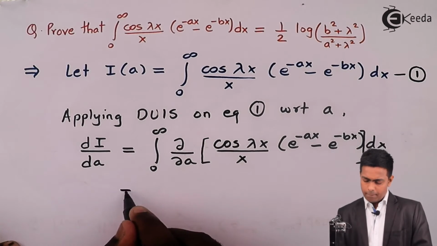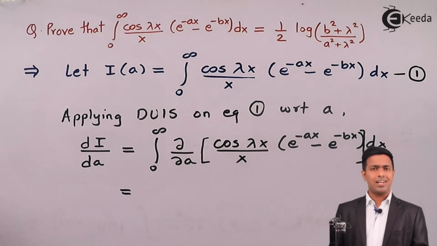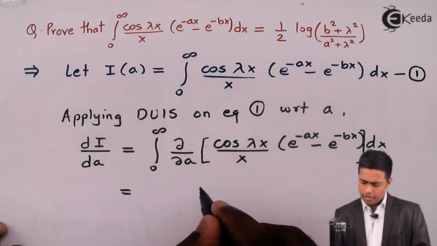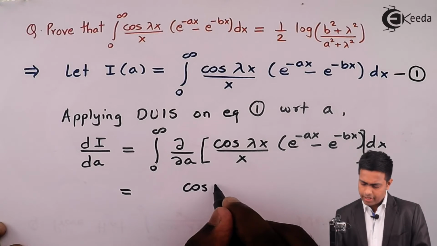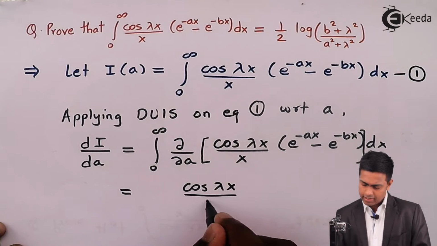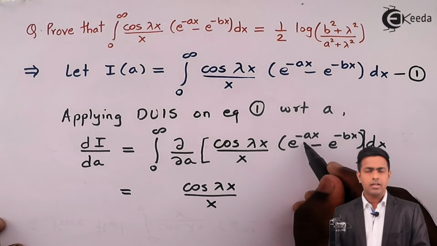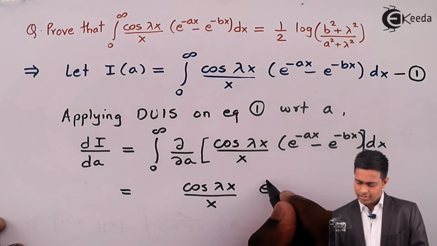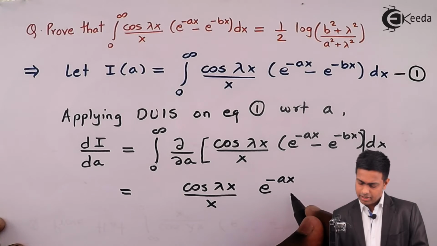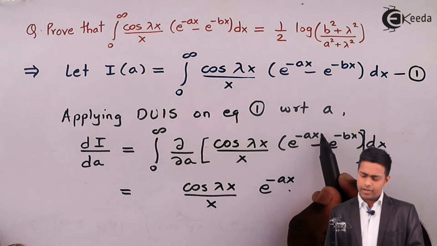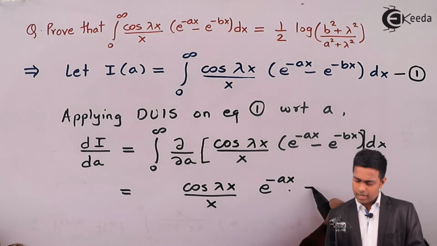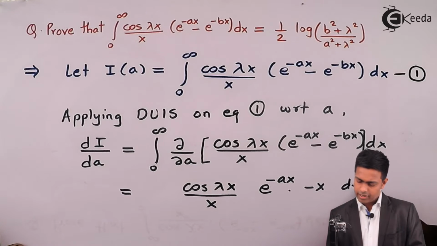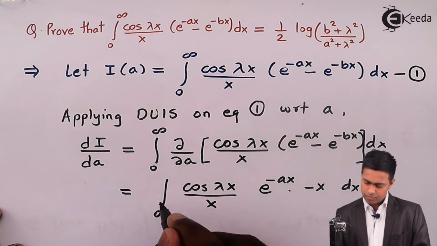By differentiating this function partially with respect to a, cos of lambda x upon x is constant. For e raised to minus ax, the differentiation would be e raised to minus ax into the derivative of the exponent, which is minus x, dx, and the integral is from 0 to infinity.